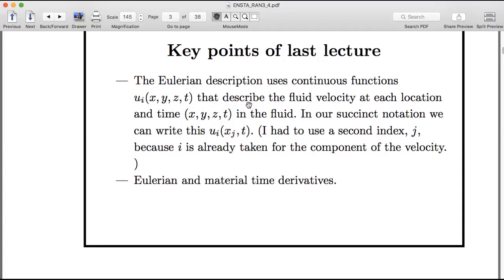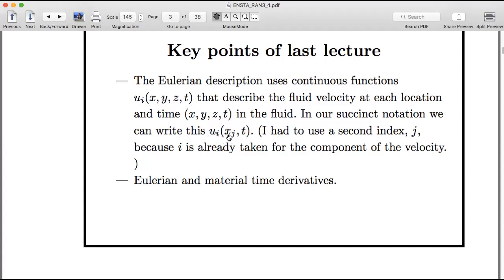We use almost exclusively the Eulerian. It allows us to write our velocity components as a function of position, for example, the 3 Cartesian coordinates within our continuous fluid, and the time.